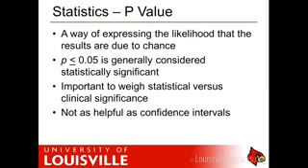So a p-value less than 0.05 is considered significant, but it's also important to weigh the clinical significance versus the statistical significance. So let's say you have a study that has 3,000 people and you're looking at lisinopril versus losartan, and then looking at the mean blood pressure after treating with one of those two agents for like 6 weeks, and the mean systolic blood pressure for lisinopril is 123 and the mean systolic blood pressure for losartan is 125.